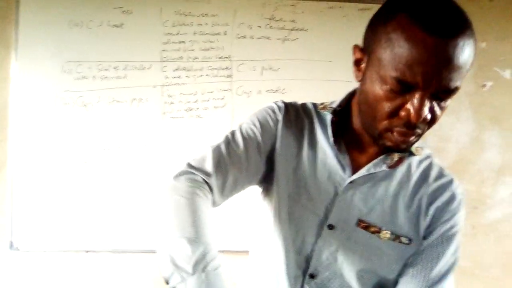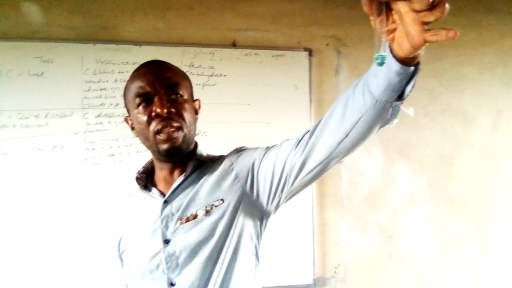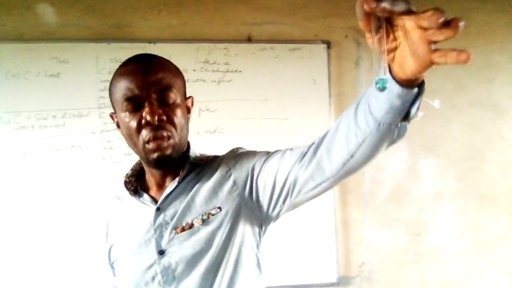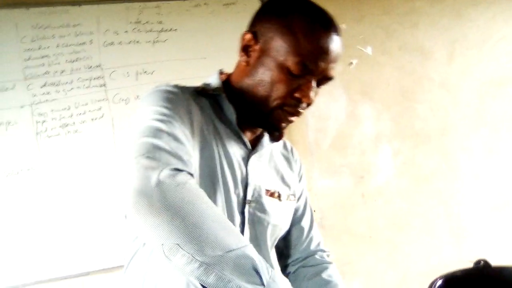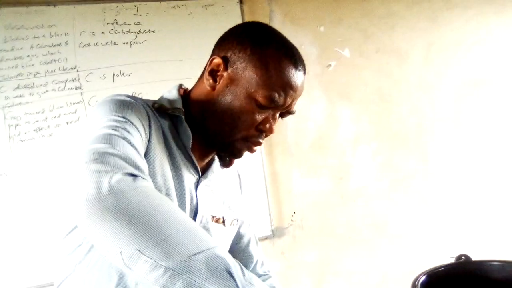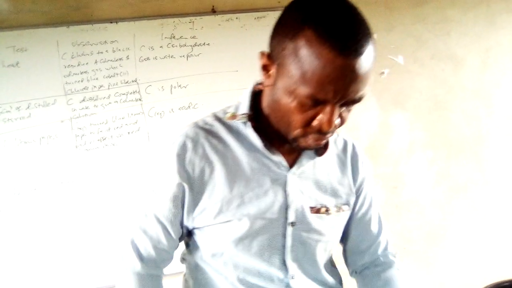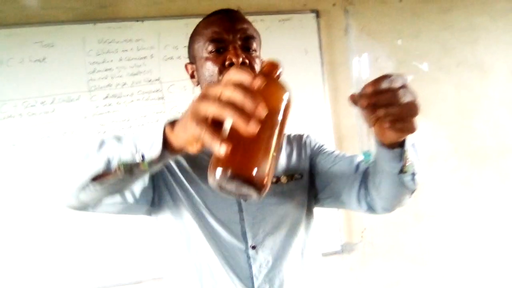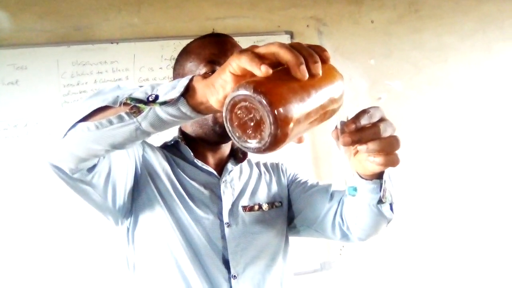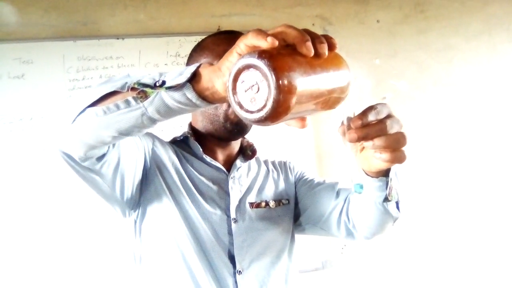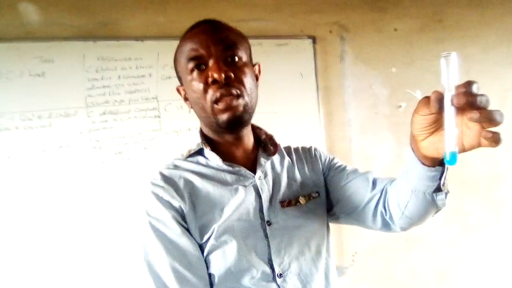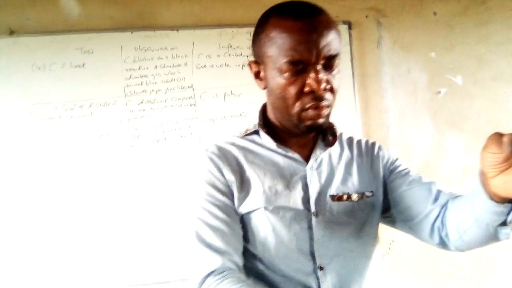Are you seeing it? What color are you observing? This green? Bluish green, okay. Then the Fehling's solution B. Are you seeing it? Blue.